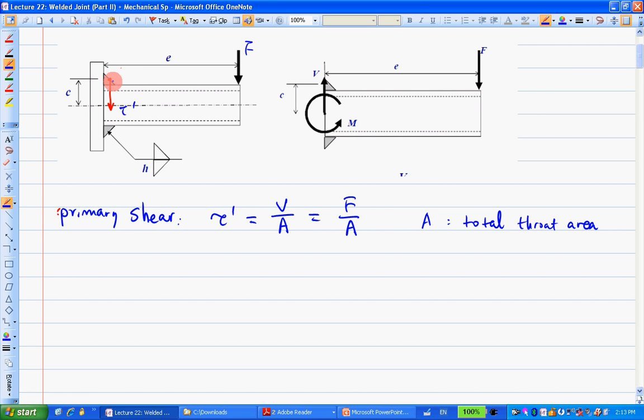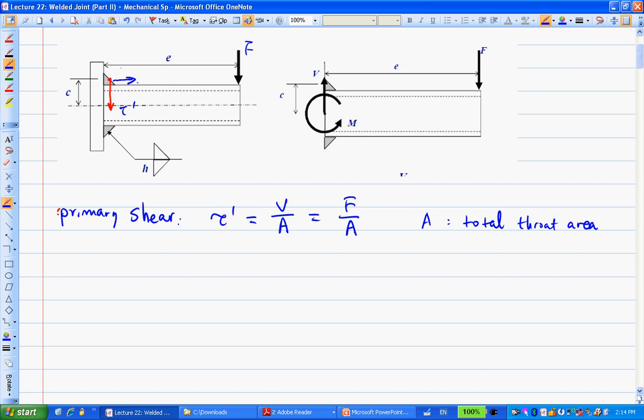Let's say I look at this location here. If I call it bending normal stress, what direction would that go? The bending normal stress is caused by the bending moment, and the bending moment is F times the distance. The stress will be M times the distance from there to the center, divided by the second moment of area I. So that direction will go this way.